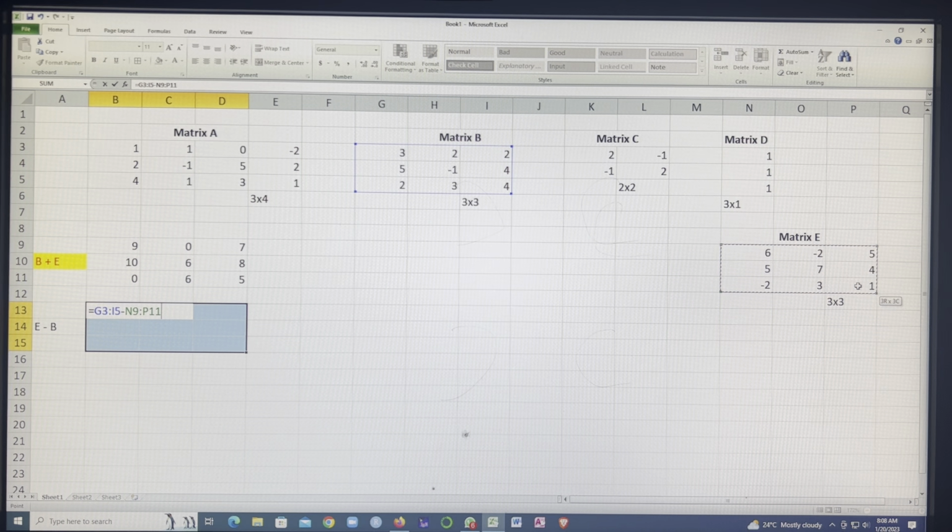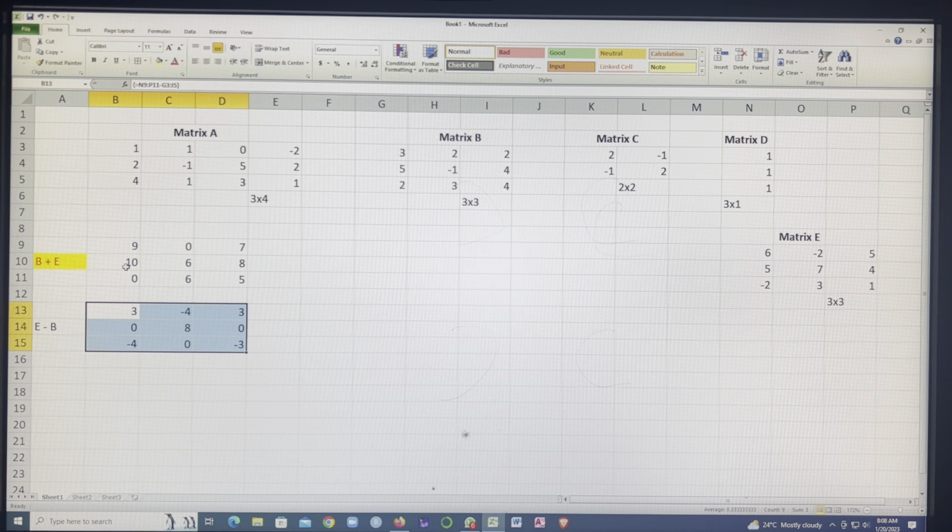But now, you see what I'm doing? I did this one first, right? So it should not be. I wanted to subtract B from E, so I must highlight E first. Minus, then I highlight B. Then I hold Control and Shift at the same time.